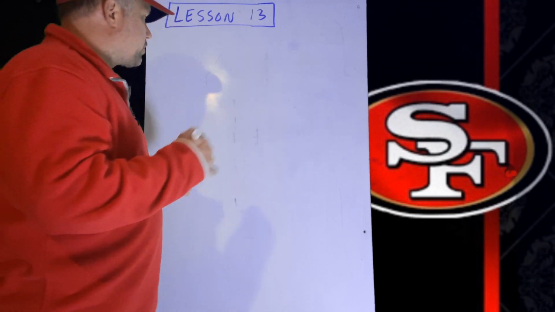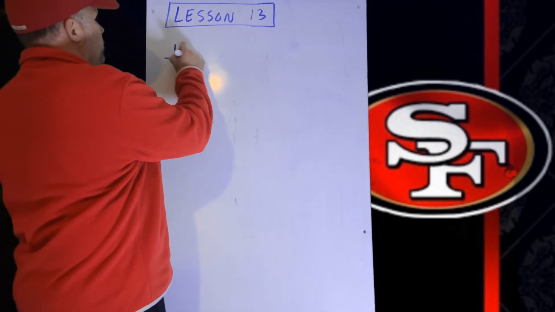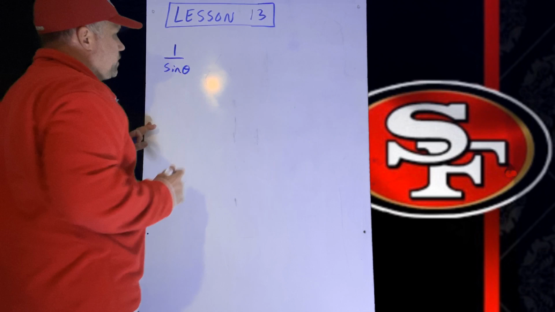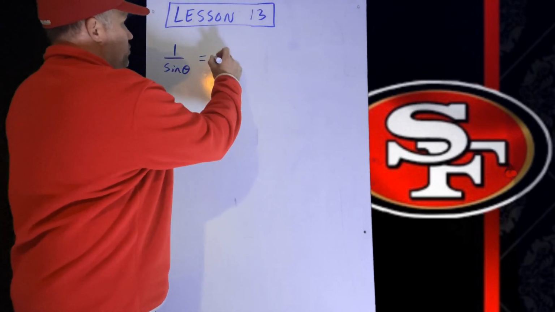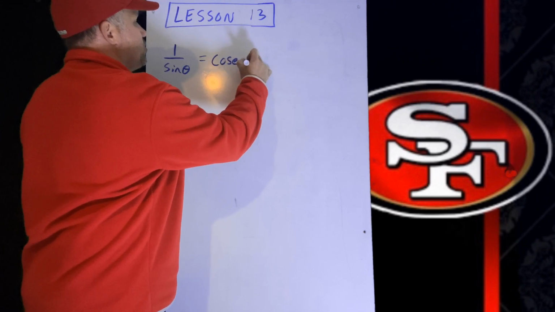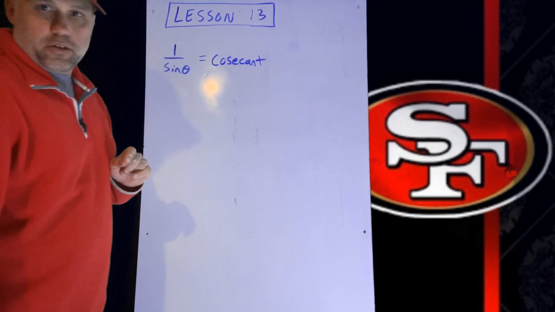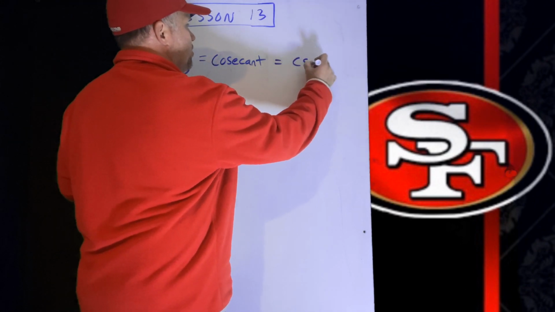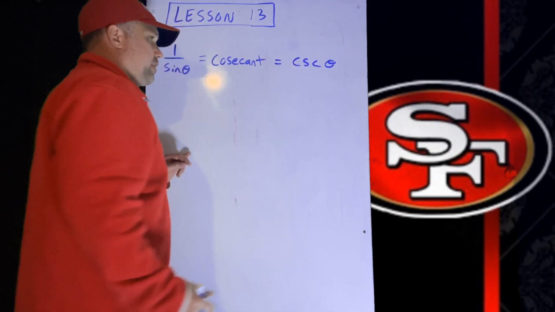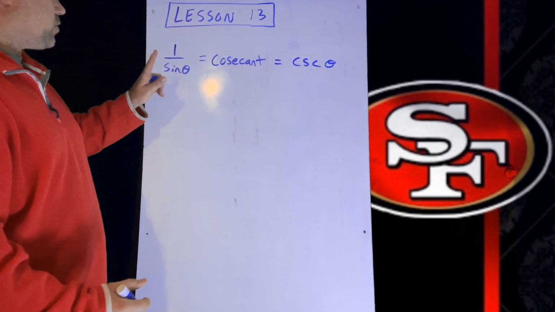The reciprocal of sine, 1/sine, has a special name. It's called cosecant, spelled like that. We abbreviate it as CSC. So the cosecant of theta is the reciprocal of sine.